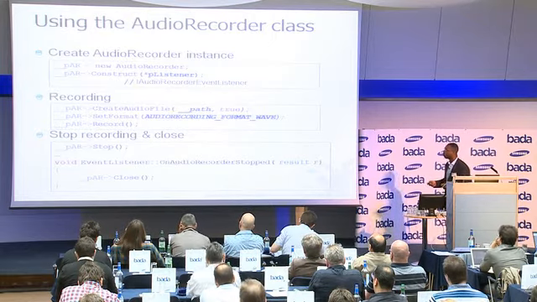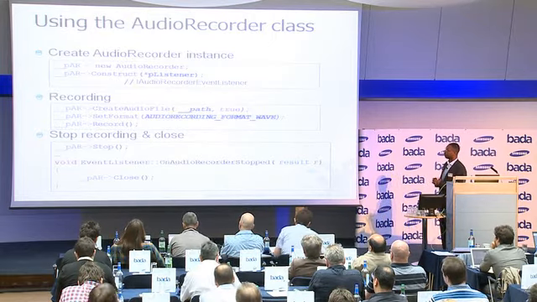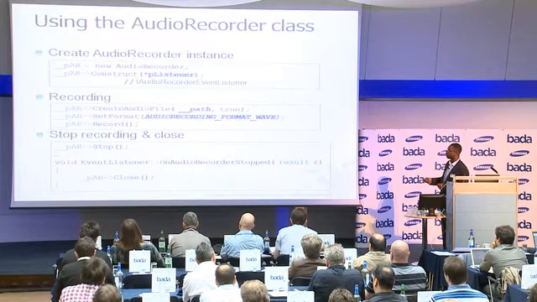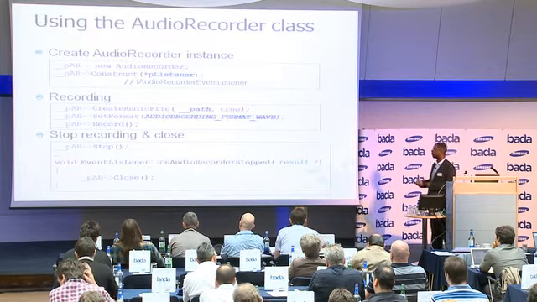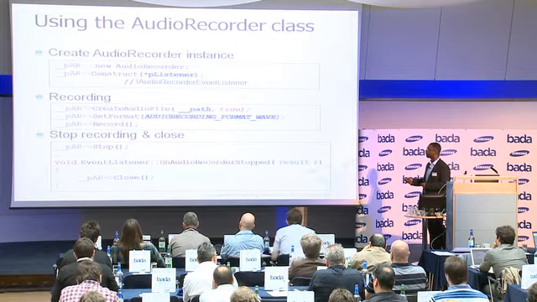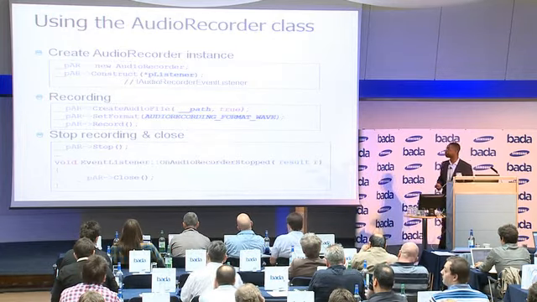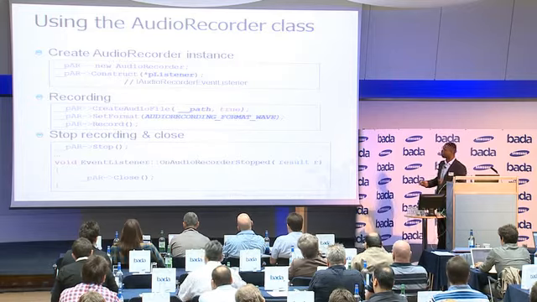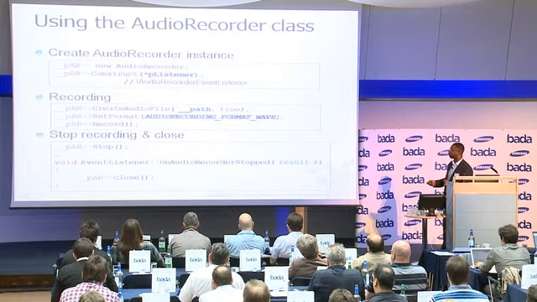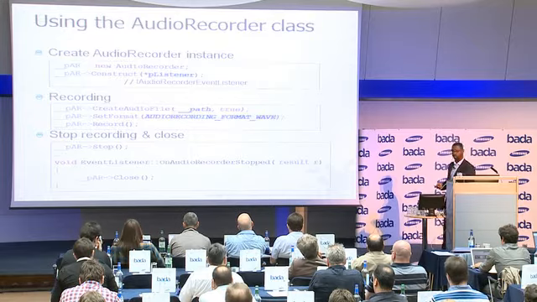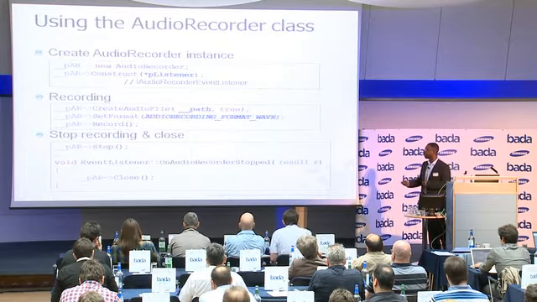We can call the create audio file method on our instance, and we can pass the path for the file which we're going to create, and we can also specify that if the file already exists, it will be overwritten. We can also specify the recording format. In this instance, we're going to use a .wav file, and then we can initiate the record.